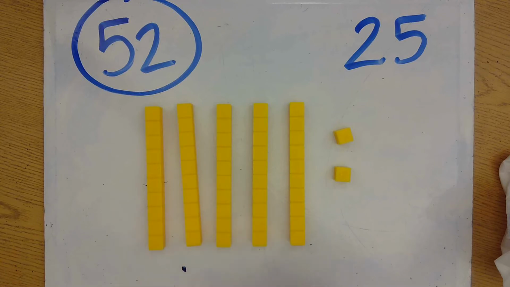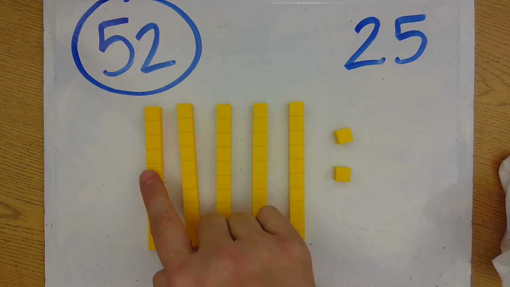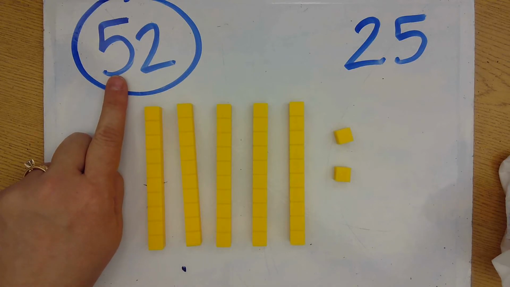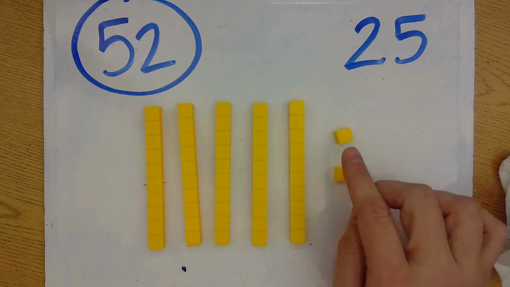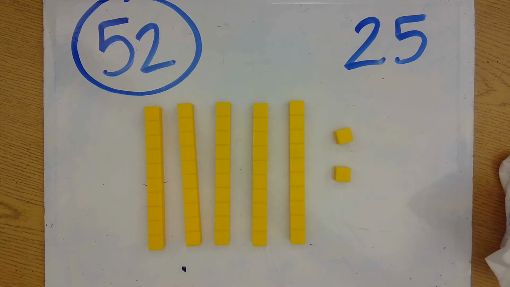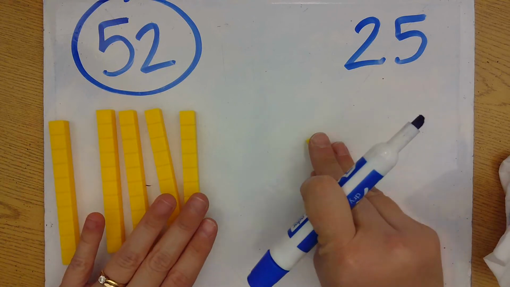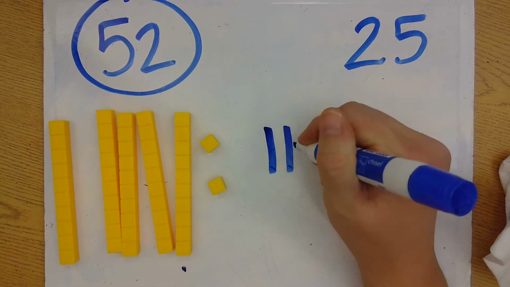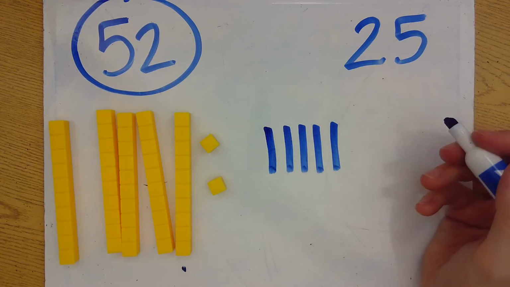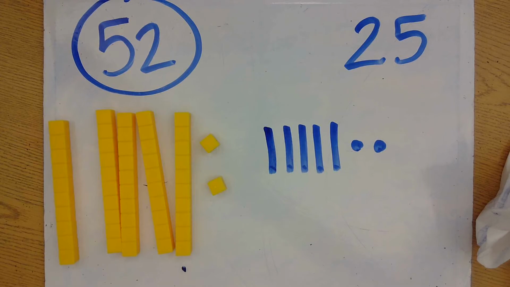How many groups of 10 are we looking at? 1, 2, 3, 4, 5, and that matches the number. So 5 longs and 2 cubes equals 52. If I were to draw this on my paper, it would look like this. 1, 2, 3, 4, 5 longs and 2 cubes.